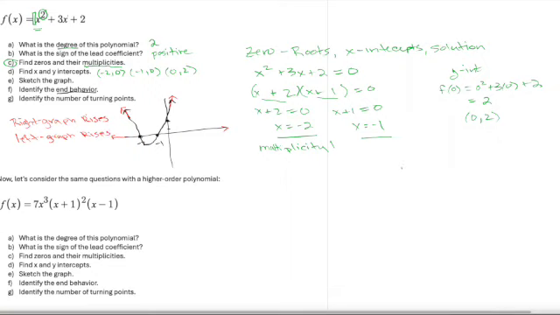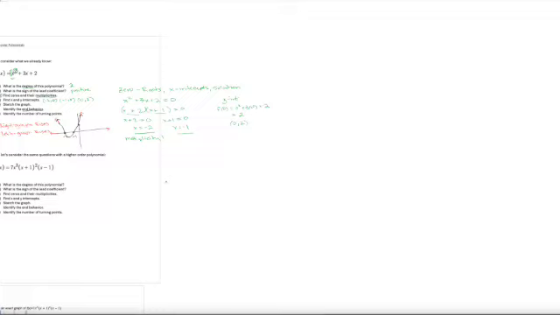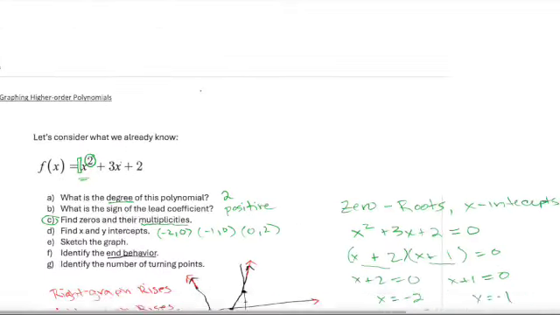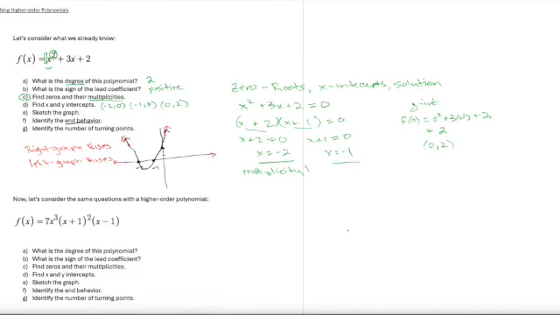Now, another more formal way to say this, and something that you'll want to get used to seeing in calculus, is for this first part, to the right, the graph rises. We would say as x approaches infinity.